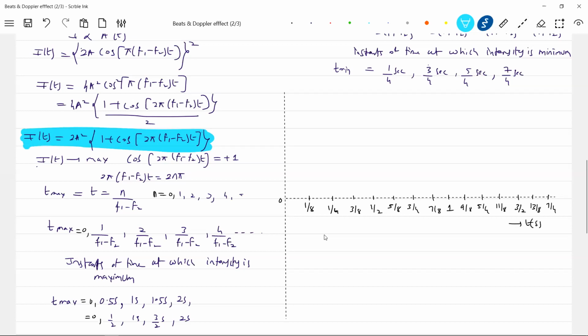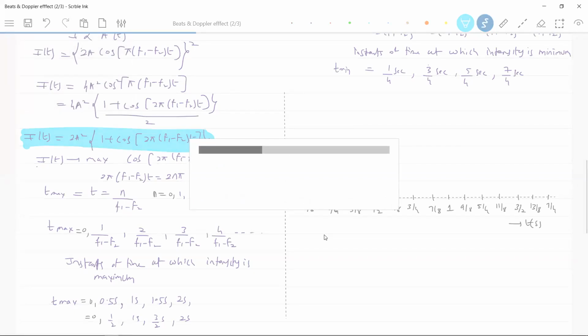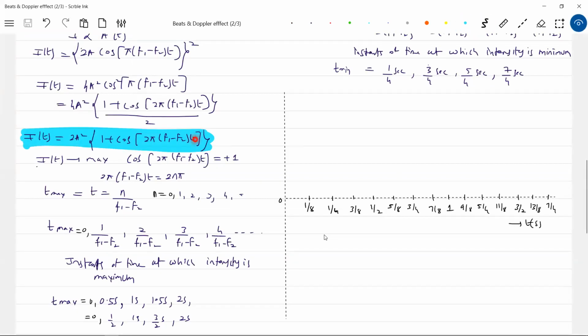Now look at this. Put t equal to 0. 0 into any quantity will be 0. Cos 0 will be 1. 1 plus 1, 2. So maximum intensity how much will be? 4a square.